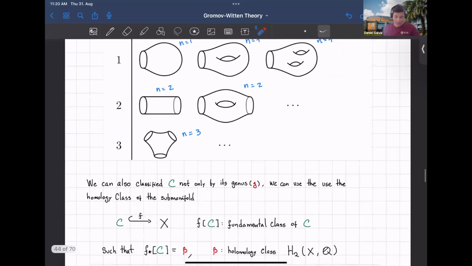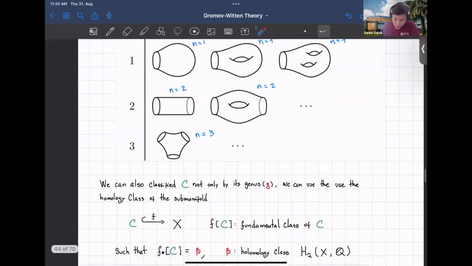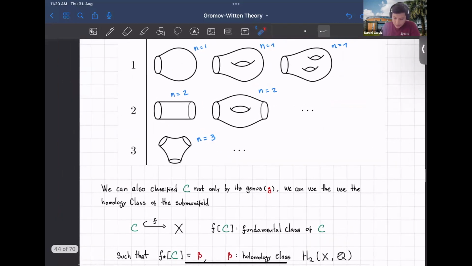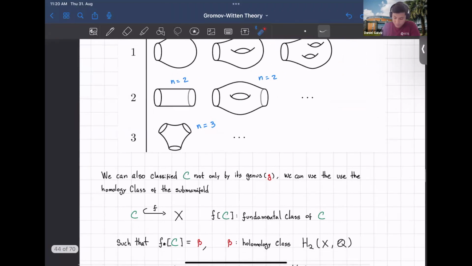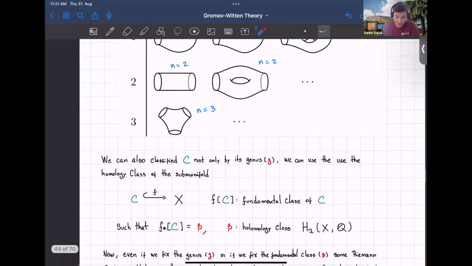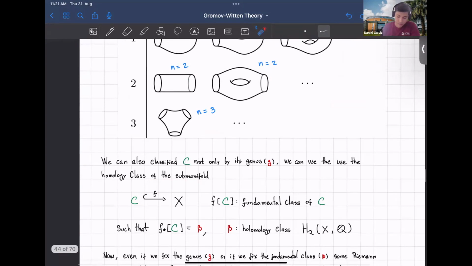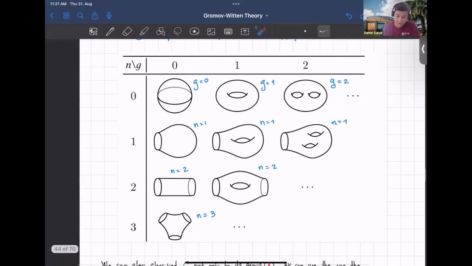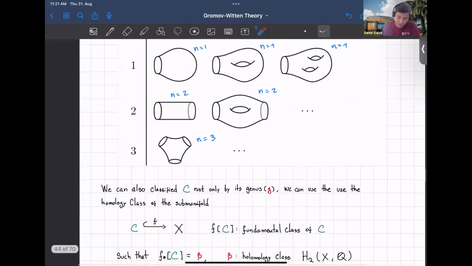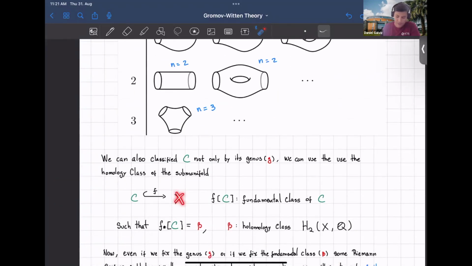Okay, so we can classify C not only by its genus, g, we can also use the homology class of the submanifold. So we have C as our curve or rational curve, and then we have an embedding into our ambient space.